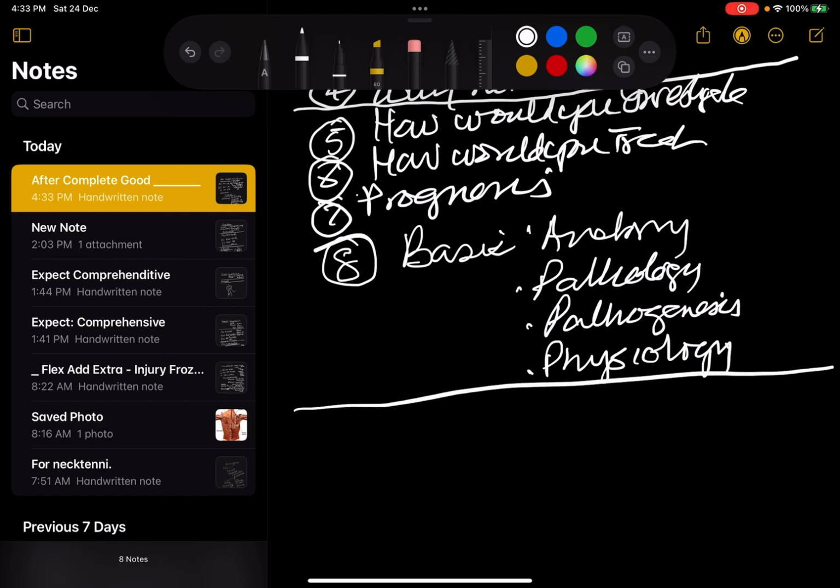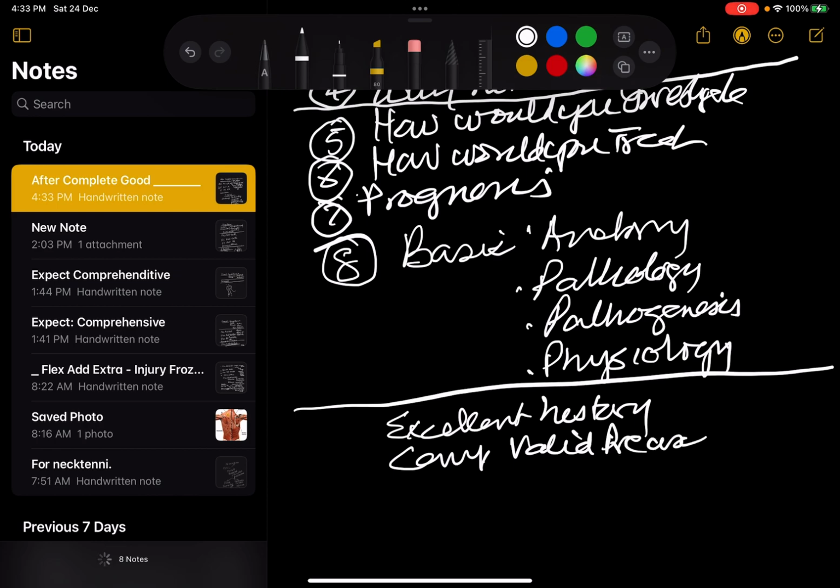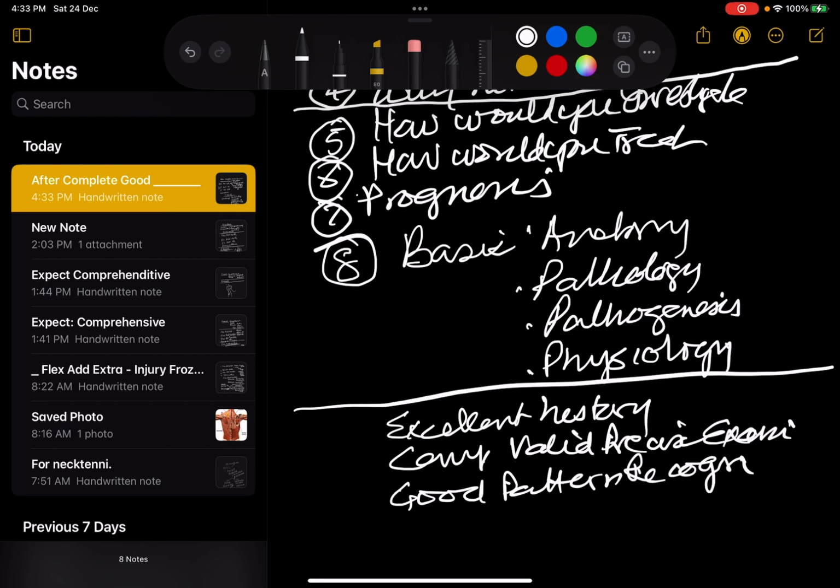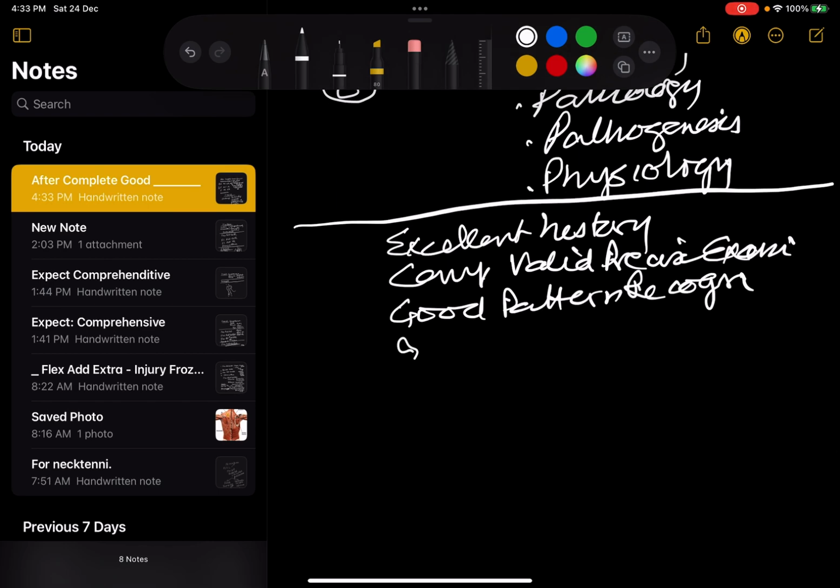You have to practice the hip again and again for excellent history, comprehensive, valid, precise examination, good pattern recognition in clinical diagnosis, suggesting investigations which are comprehensive but rational.